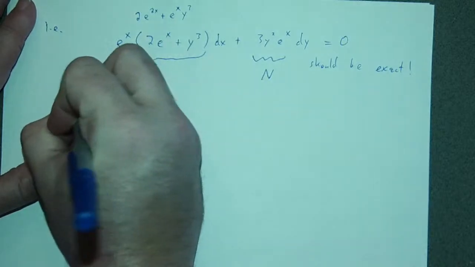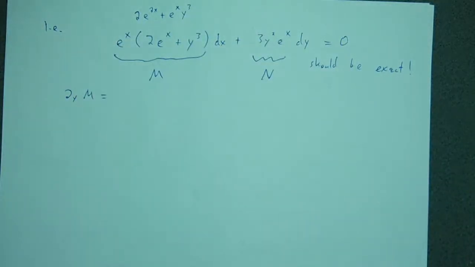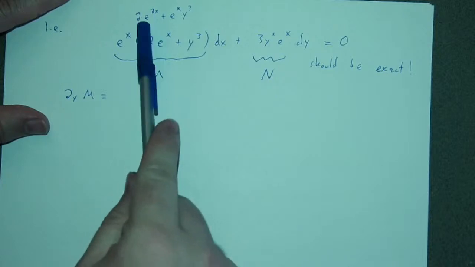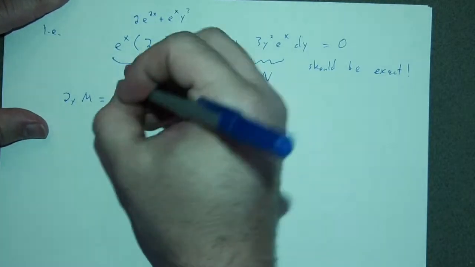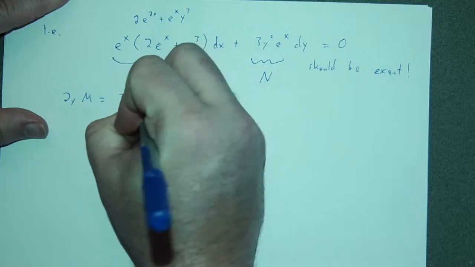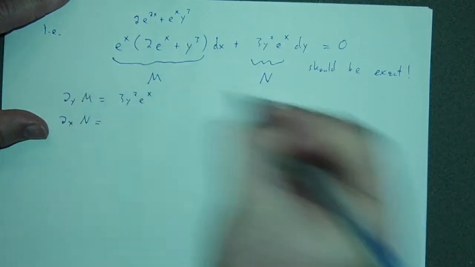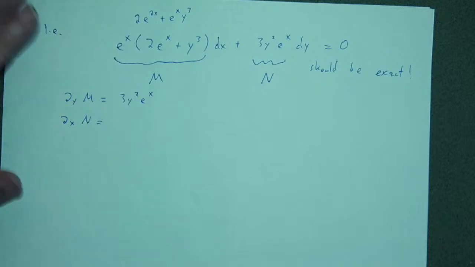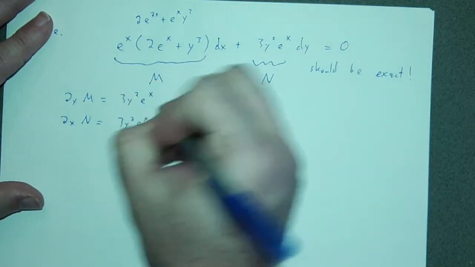Then the y partial of m is what? The first term only depends on x, so the y partial of that is 0. The y partial of e to the x y cubed is 3y squared e to the x. The x partial of n is 3y squared e to the x.